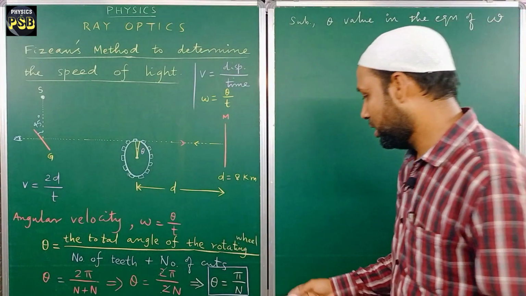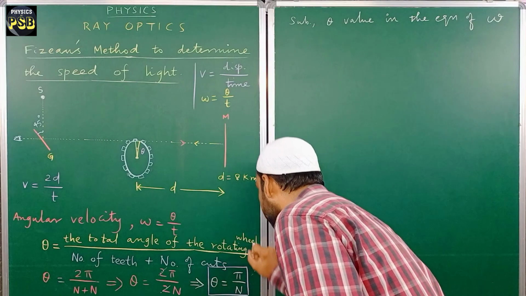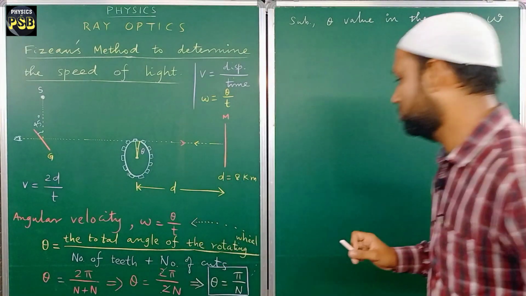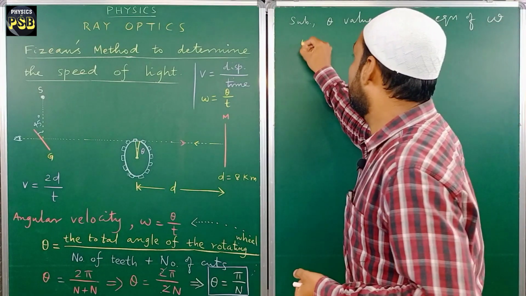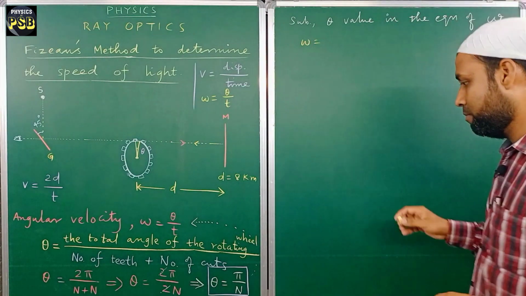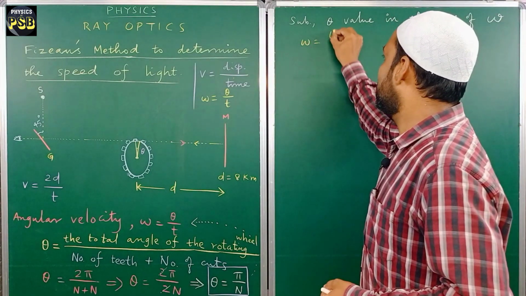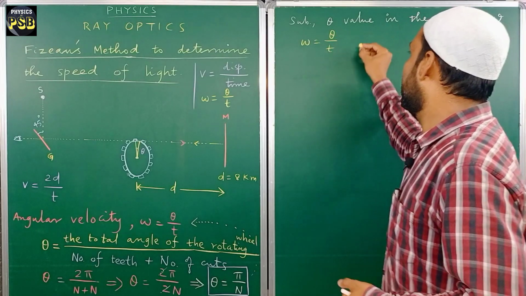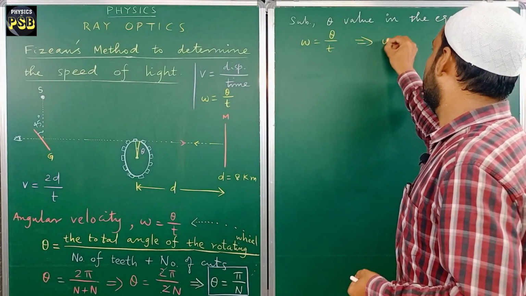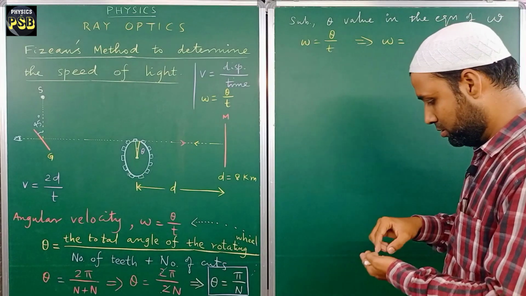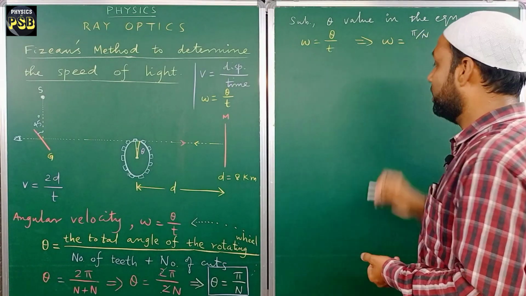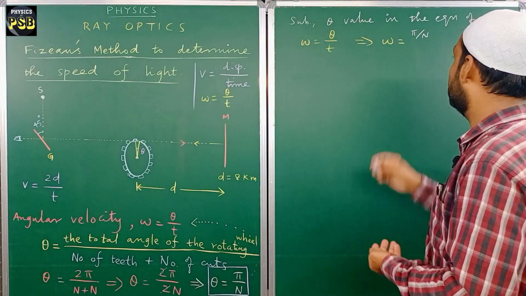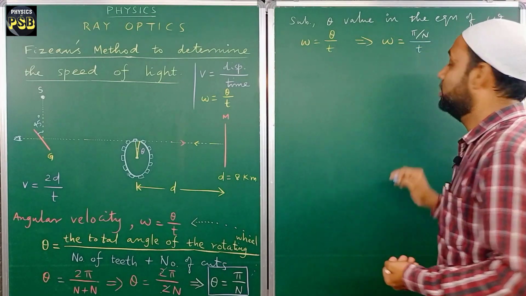So omega is theta upon t; in the place of theta, I write pi upon n, all divided by t.